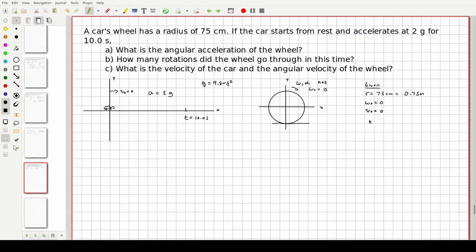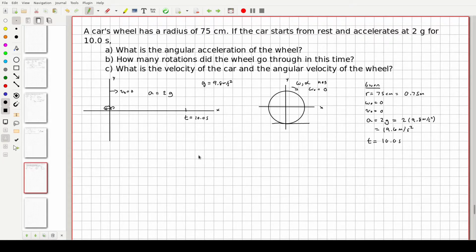We're also given an acceleration of 2g, which is the same thing as 2 times 9.8 meters per second squared, or 19.6 meters per second squared. We're also given that we want to find all this stuff at 10 seconds.